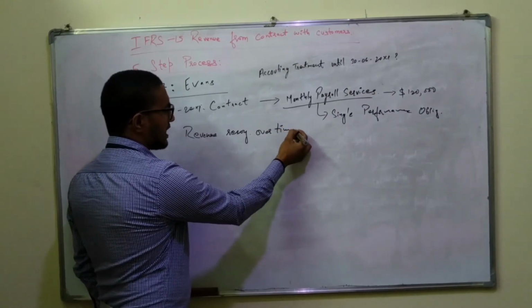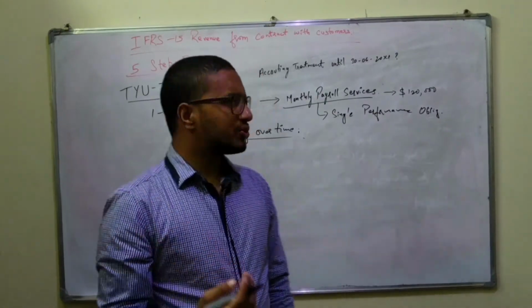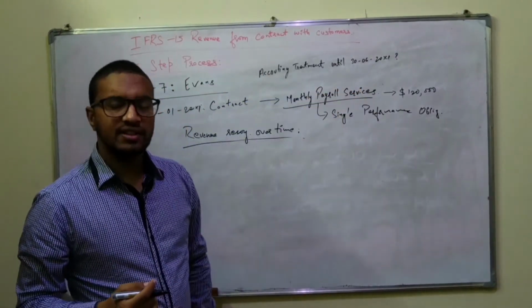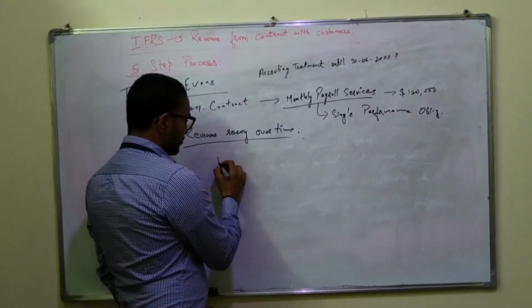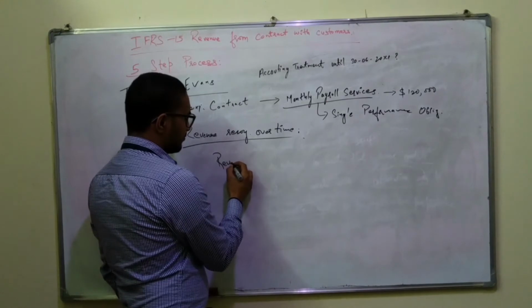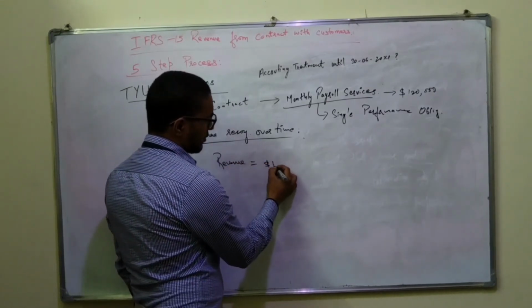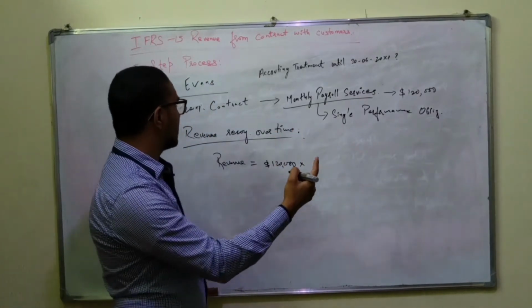As the performance obligation is satisfied, we will recognize revenue. The question has asked what would be the accounting treatment until 30/6/20x1. So we would recognize revenue of 120,000 into service provided.